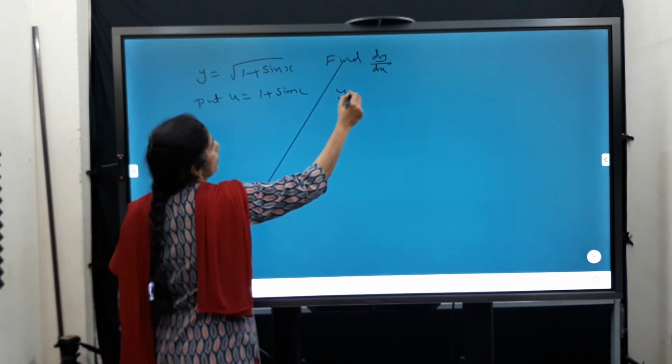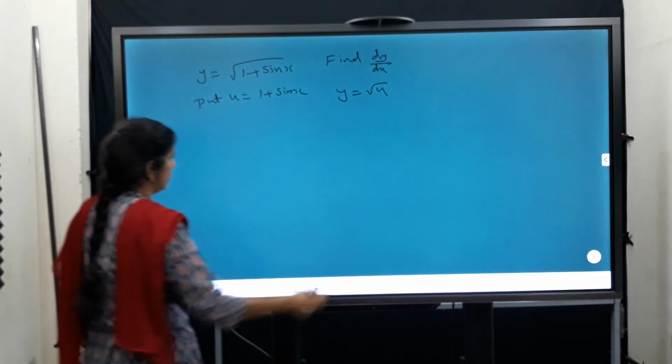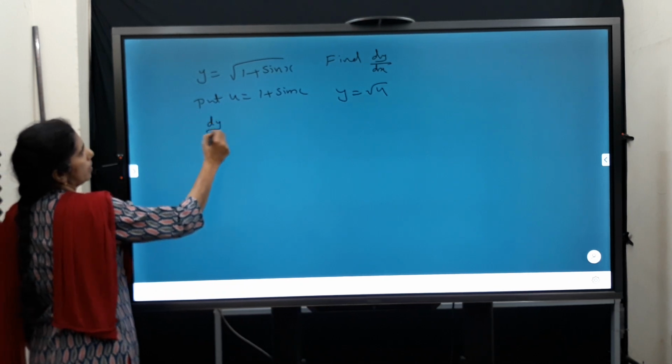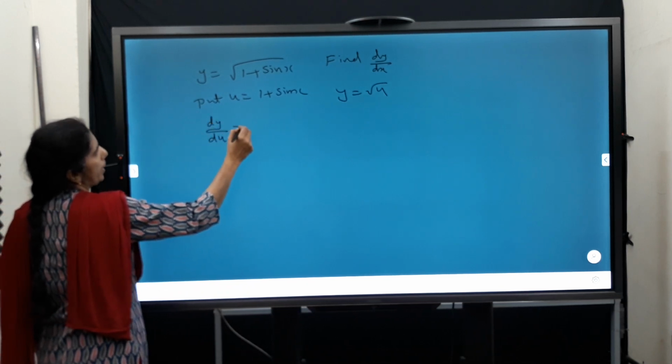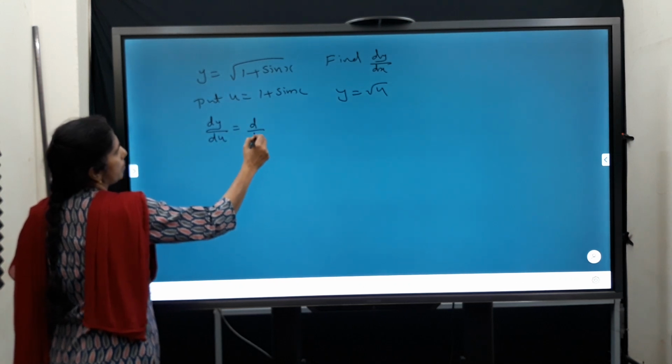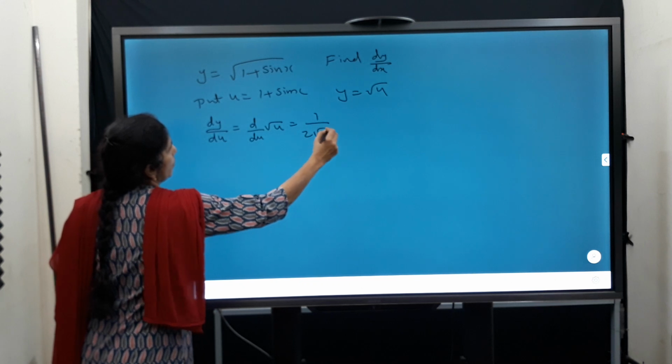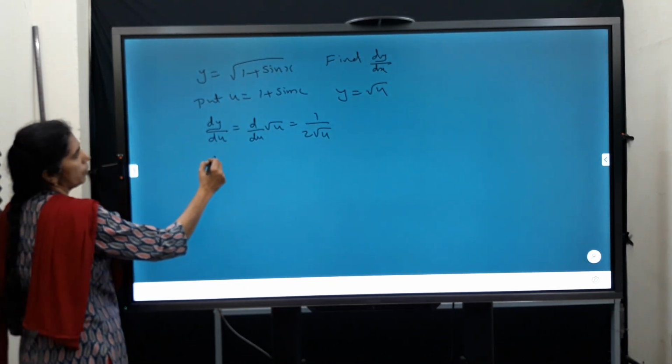So y is equal to root u. As before, dy by du equal to d by du of root u, that is equal to 1 upon 2 root u.